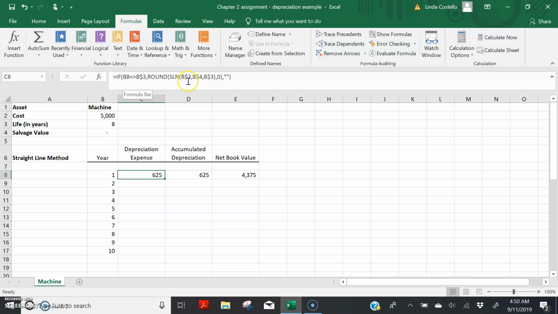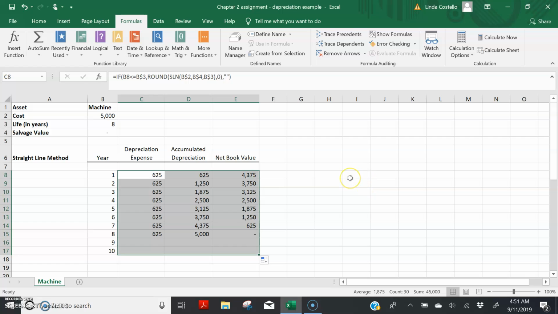B3 is already fixed, 2 and 4 and 3 are already fixed. So I should be able to copy these cells down to the rest of my spreadsheet. And if I haven't made any errors, it's going to end up with 0 net book value at the end of year 8, and years 9 and 10, those rows will be blank.